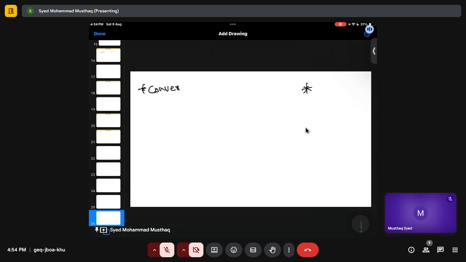For convex we take the curvature k, which is proportional to 1 by r, as negative, and for concave, k proportional to 1 by r is positive. Right, now how do you define any curvature?